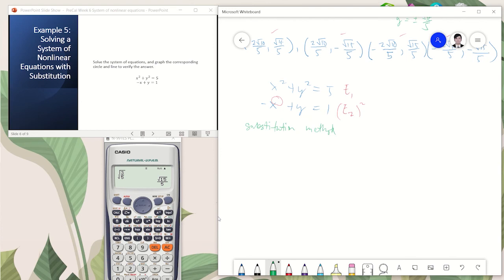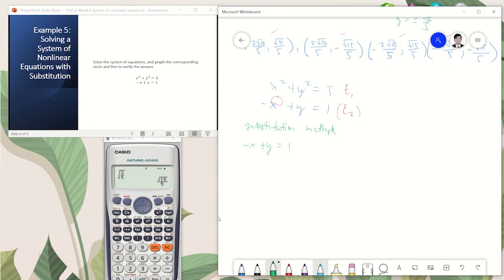So here comes our second method, which is the substitution method. We already discussed the substitution method last time, so I will not be explaining it again. But what you will do is consider one of the equations and then isolate the variable. So I'll choose equation 2: negative x plus y is equal to 1.